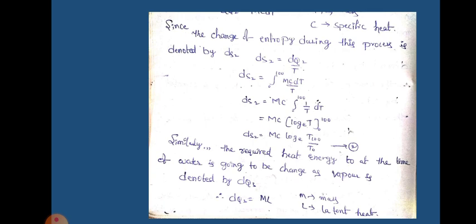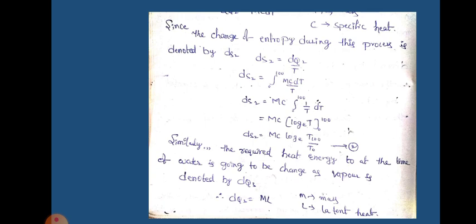Since the change of entropy during this process is denoted by dS2, dS2 is equal to dQ2 by T. Therefore dS2 is equal to the integral from 0 to 100 of mc dT by T. Therefore mc log e T from 0 to 100. So dS2 is equal to mc log e (T100 by T0). This is equation number 2.